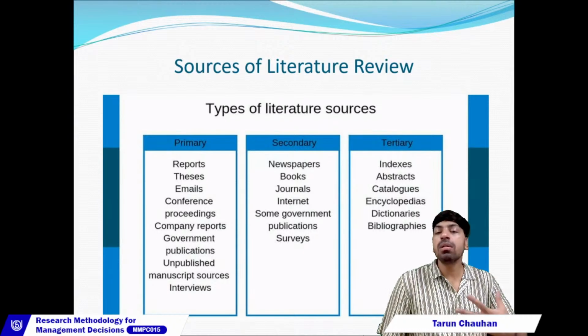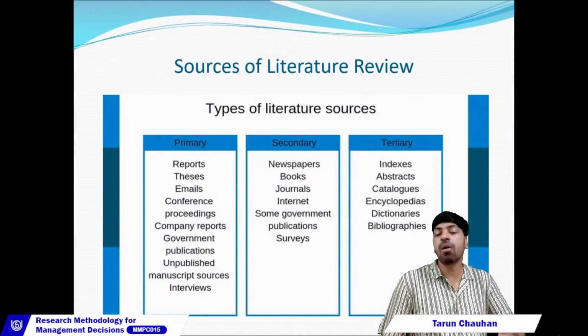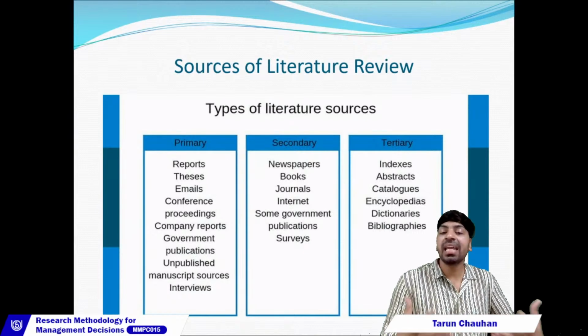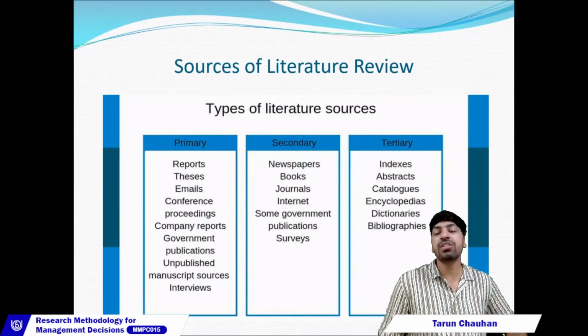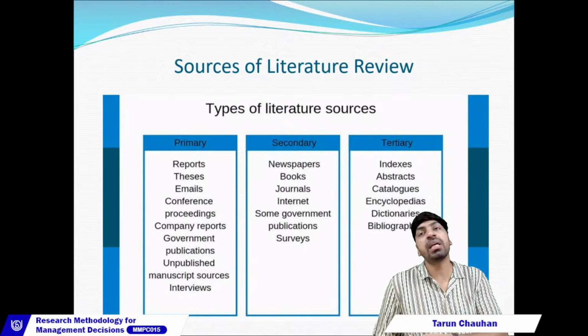So surveys can also be a secondary source of literature review, because they always contain secondary data, the reports of the various organizations which have been published online and offline, and accordingly whether it's related to your topic or not.